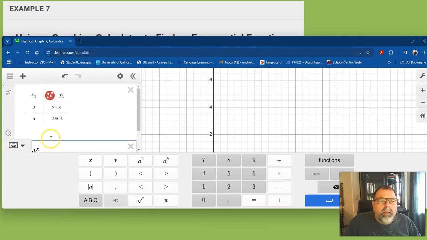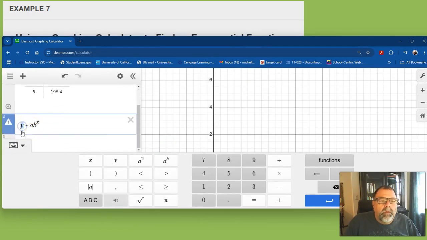Oh, and I should put y1, so you just type in y1, and then this should be x1.